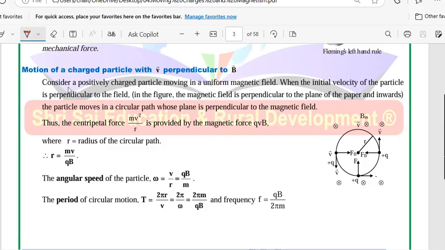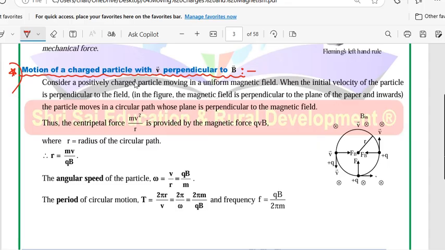Okay, so let us discuss. See, motion of a charged particle with velocity v bar that is perpendicular to the magnetic field B bar. How is it going to happen? That is the motion of the charged particle in the magnetic field B bar.